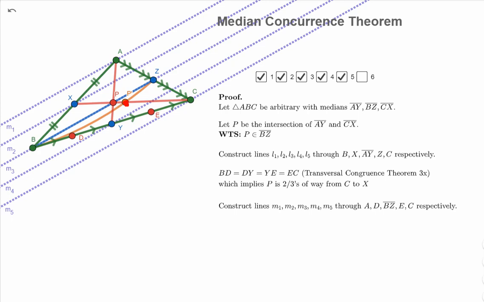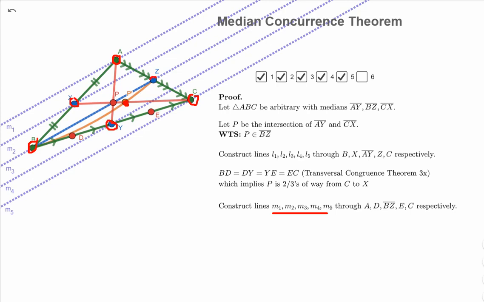Well, how do we construct the lines M1, M2, M3, M4, and M5? We've done the same exact thing, except this time we've focused on the parallel line BZ. Every single line is going to be drawn parallel to BC, and once again, we're going through each vertex of the triangle. We are also going through the medians that we don't already have.